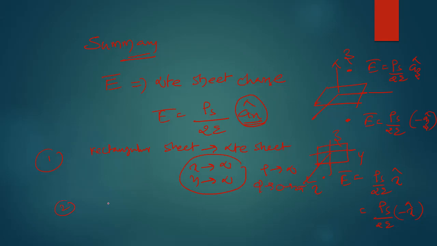In the second case, we have taken the sheet as a collection of so many lines. So one line is having rho L, and we got rho S from rho L by making y tending to 0. Like this we have taken. In the third approach, we have taken a circular disc of radius r, and by making r tending to infinity, we are again getting the infinite sheet.